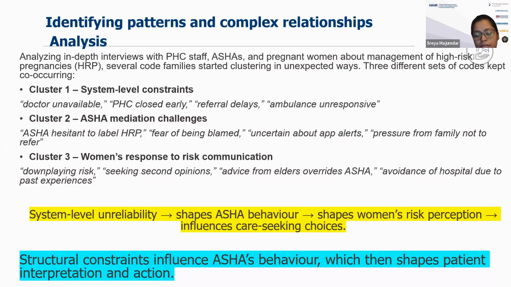So these form a category or a cluster, which is a system level constraint in accessing healthcare. Similarly, in the second cluster or category, you can see that there are codes: ASHAs hesitant to label high risk pregnancies, their fear of being blamed, uncertain about app alerts, pressure from families not to refer.